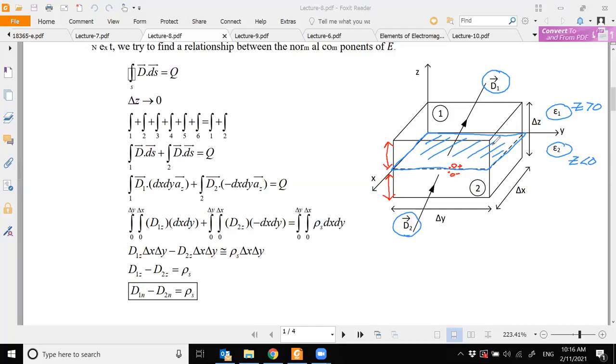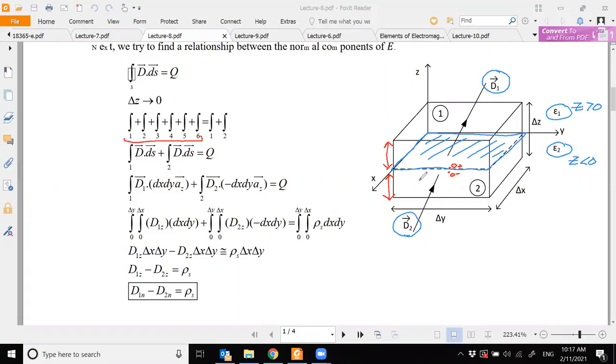We have 6 surfaces, right? The top, 1, bottom, 2, and 4 sides, 4. 4 plus 2, so total 6. So we should get 6 integrations. See here, from 1 to 6.